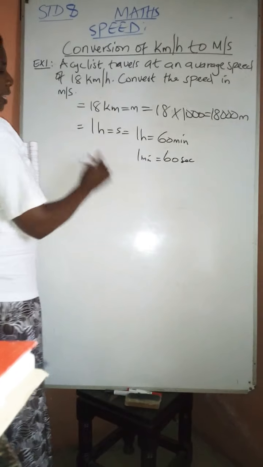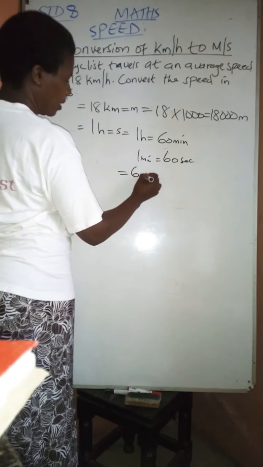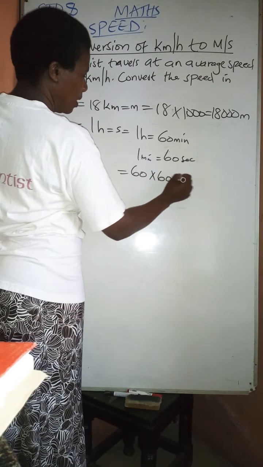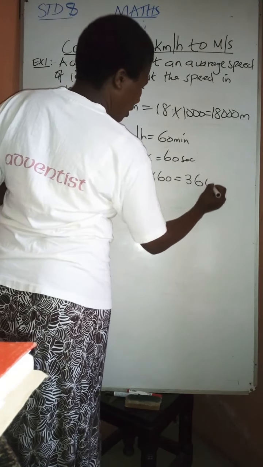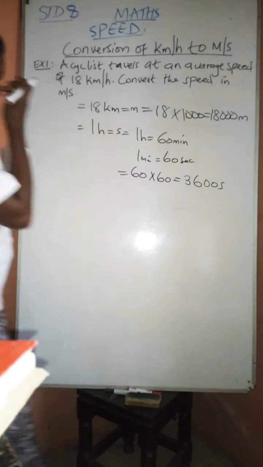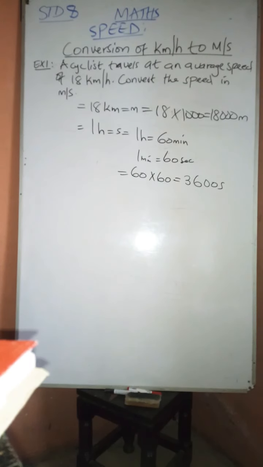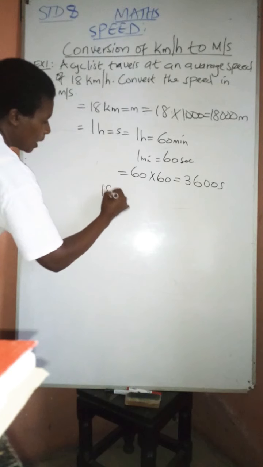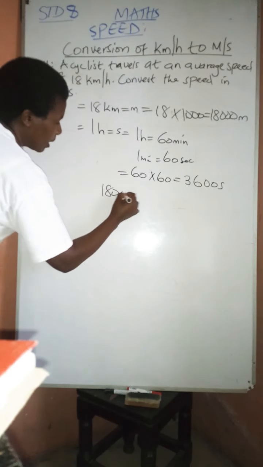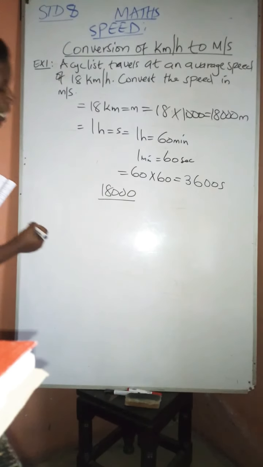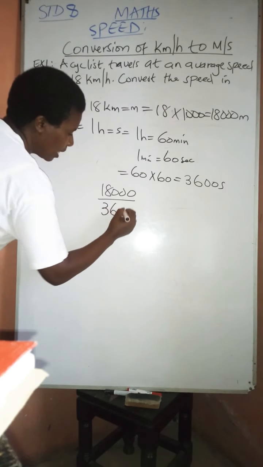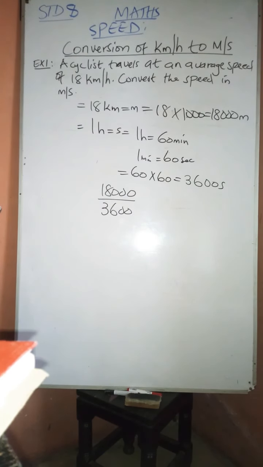Therefore, 1 hour has 60 times 60 seconds, which is equivalent to 3,600 seconds. So the distance covered in meters per second is 18,000 meters covered within 3,600 seconds.